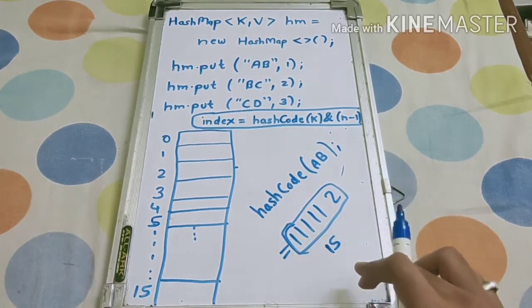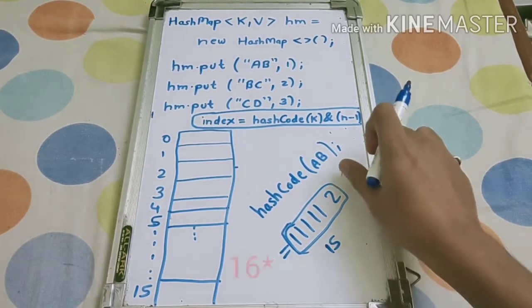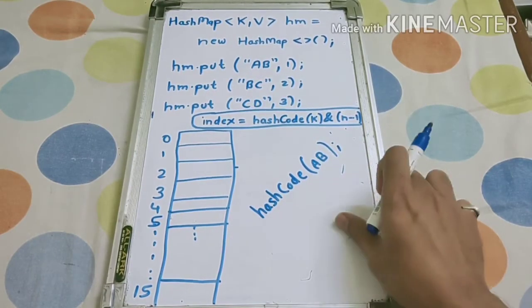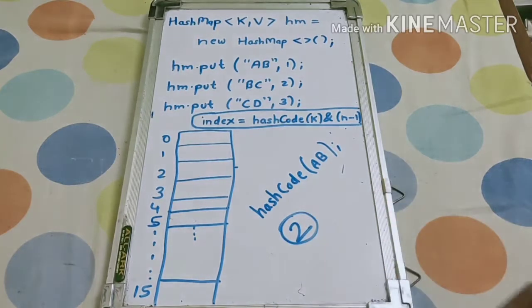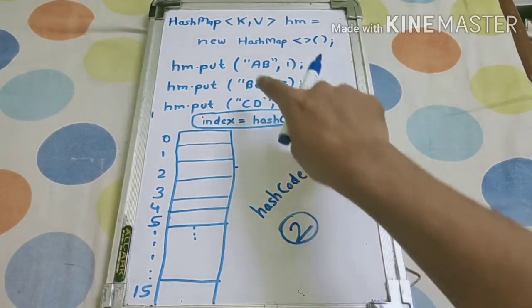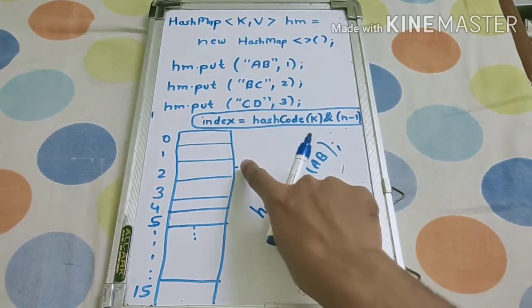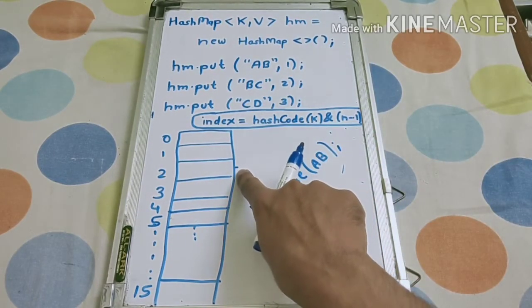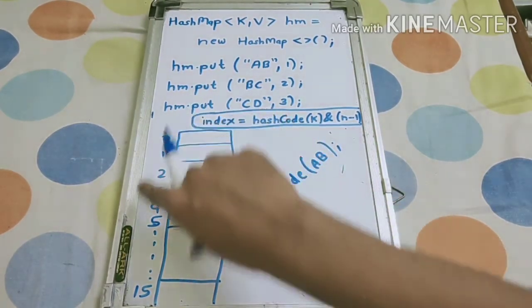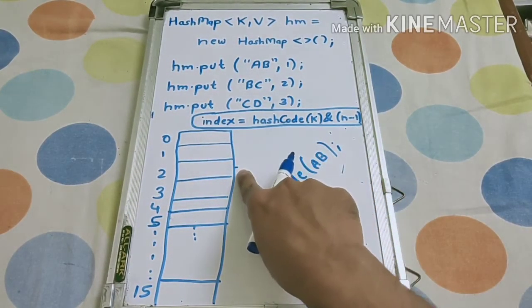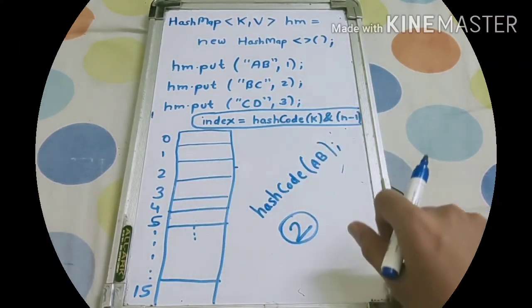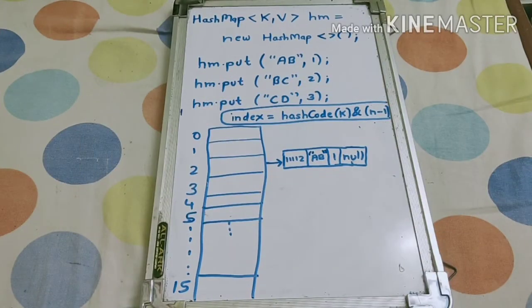It will return an index value, and let's assume it returns 2. So the first key-value pair will go at the second position. Once it returns the index value, it stores that key-value pair at that particular index location. If you didn't get the concept till now, please let me know your doubts in the comment section, I will be clearing those.